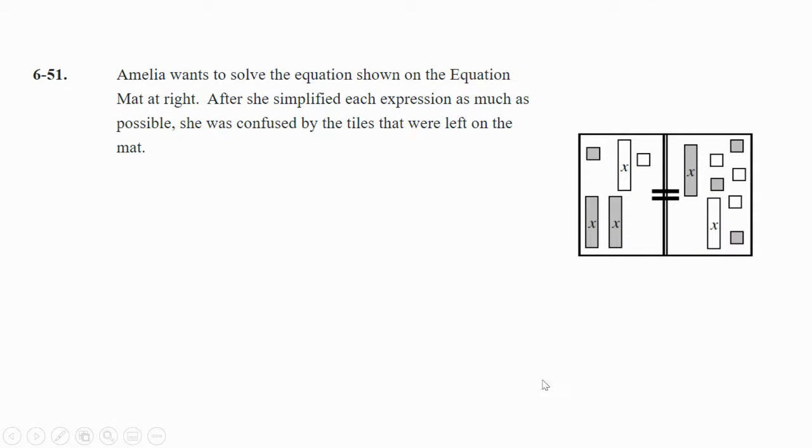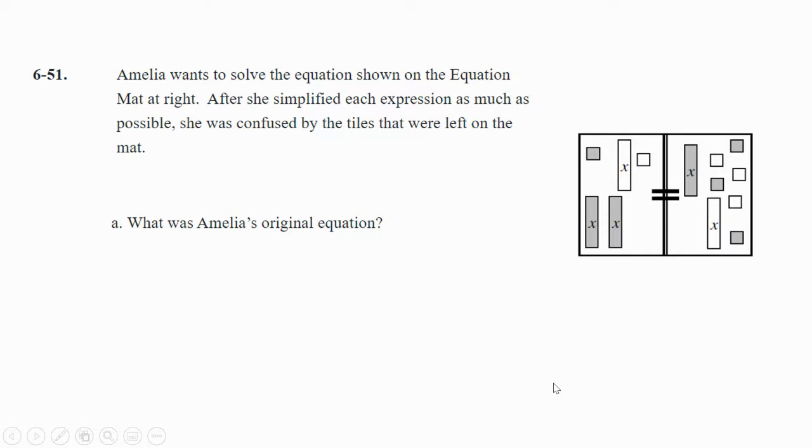All right, so 6-51 says Amelia wants to solve the equation shown on the equation mat at right. After she simplified each expression as much as possible, she was confused by the tiles that were left on the mat. So our first step is, what was Amelia's original equation?